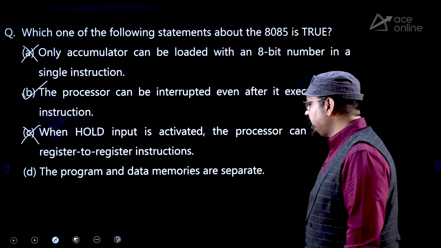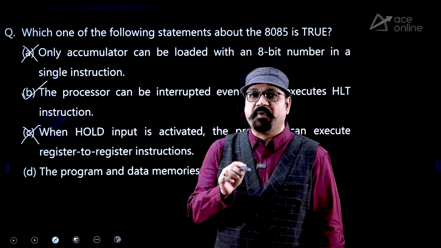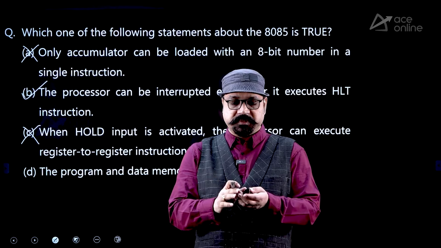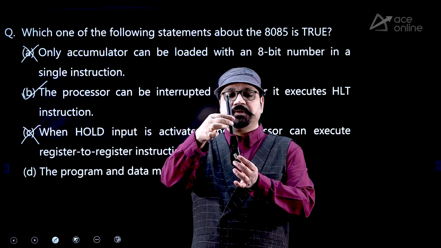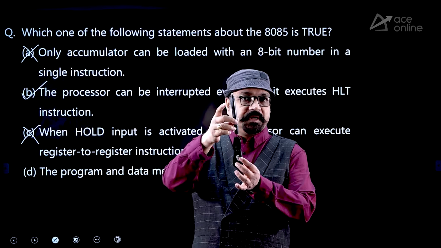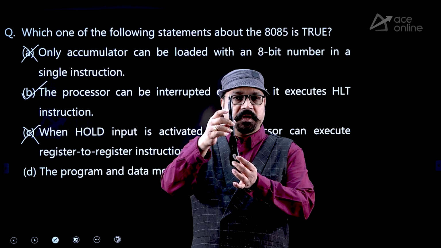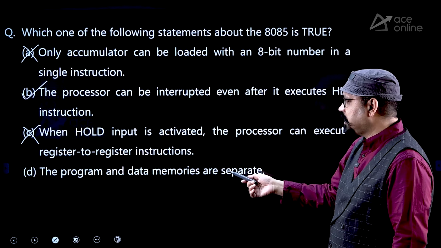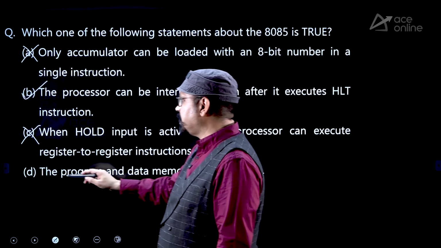The program and data memories are separate. No, they are not separate. 8085 follows von Neumann architecture. The same memory is available. Suppose here to here 0000 to 0FFF, then 1000 to 1FFF. In the beginning you have seen in one question, right? The same memory is used in von Neumann architecture. This statement is true for any processor that uses Harvard architecture, but 8085 follows von Neumann architecture.